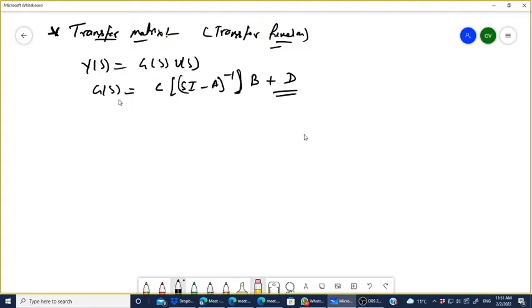So also we have done one or two numerical problems based on this, okay? So that we can understand how the transfer function is derived.